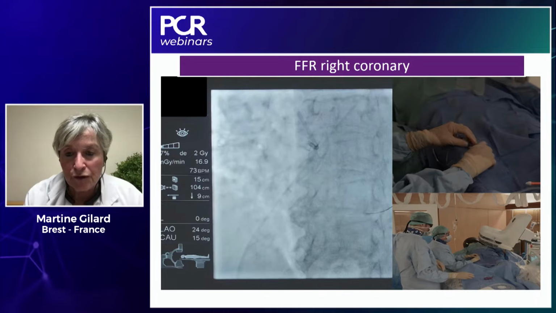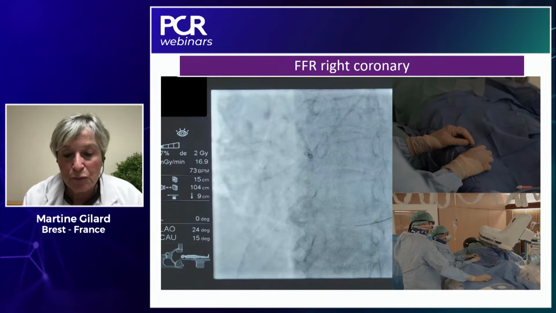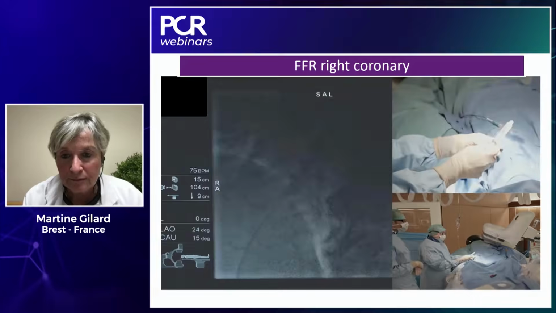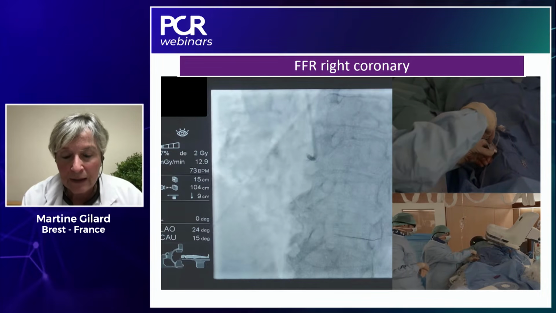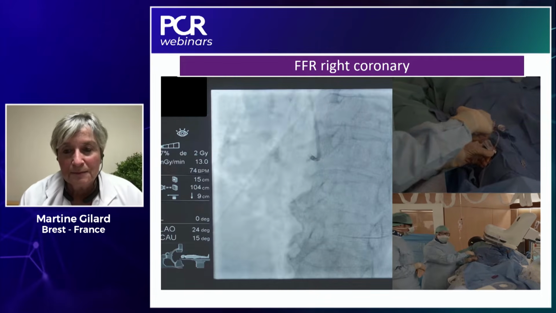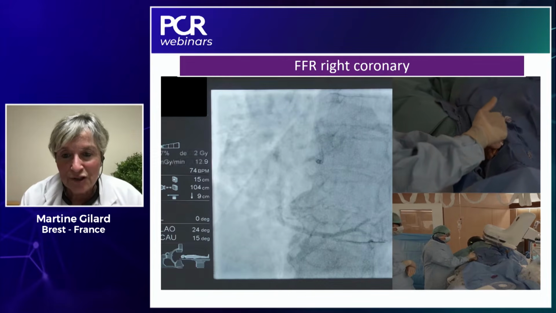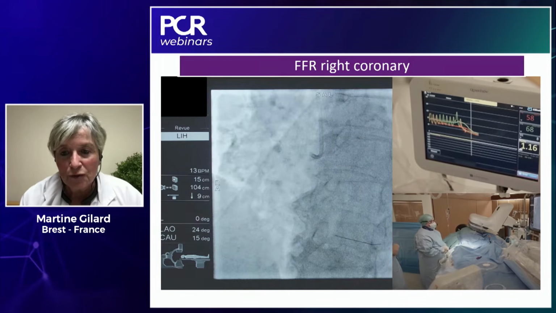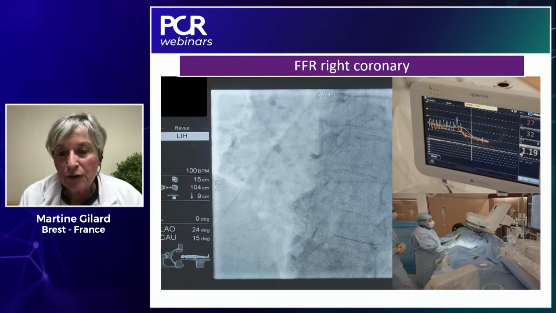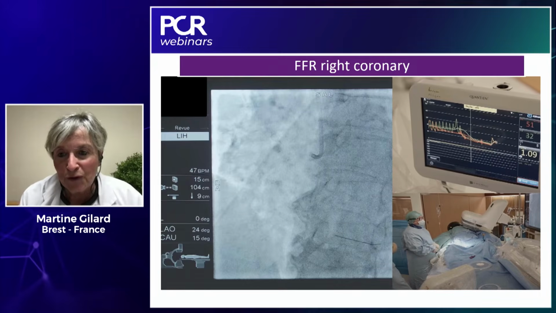So after injection, the guiding should be pulled back into the aorta. So we do that. Here it is the injection. And now we check. So there is a large pause.